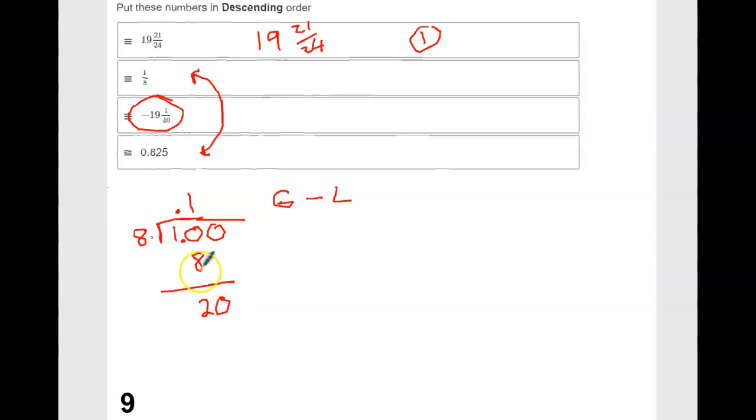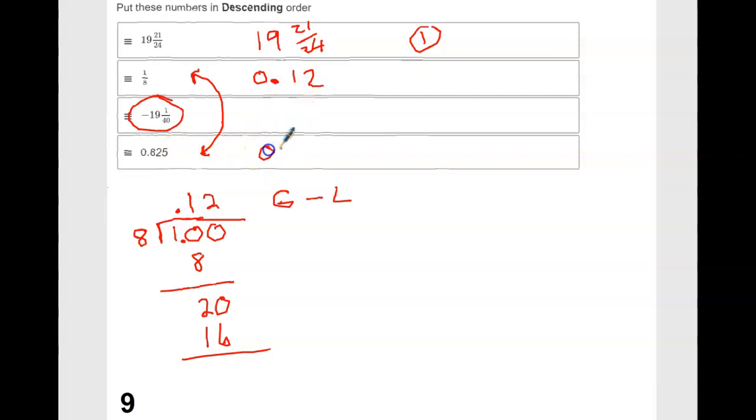I'm going to drop that one down. 8 can go into 20 2 times. And then 2 times 8 is 16. And I'm going to just hold there for a little bit, and I'm going to put this as 0.12, and I may need to continue later, but usually 2 decimal places will be enough.